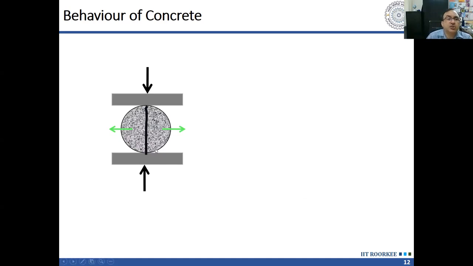And here, the contact between the cylinder and the plates is a line contact, a point contact that continues along the length of the cylinder. That's why I'm calling it line contact. So the contact area is very, very small, and because of that small area of contact, the friction is not mobilized. So we don't have any confinement due to end friction, and as a result, the cylinder fails by splitting.